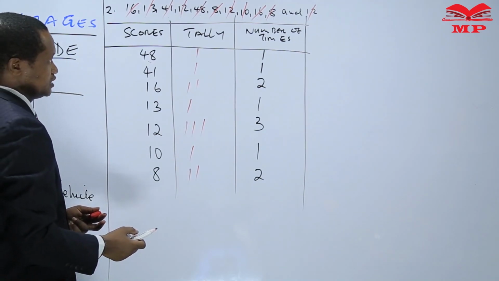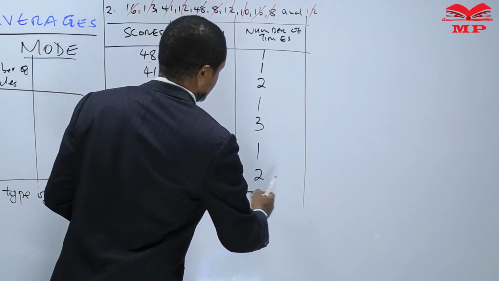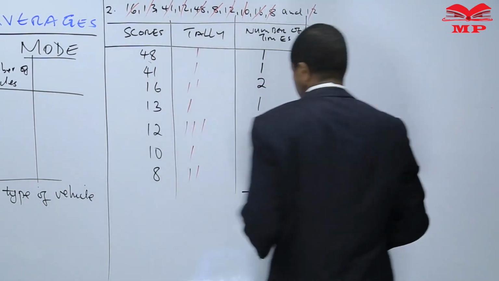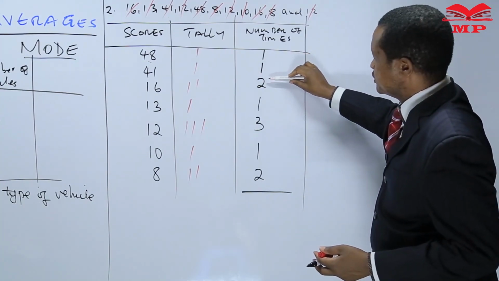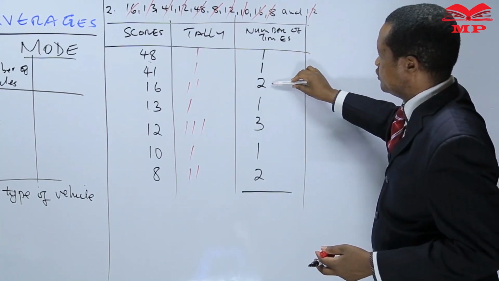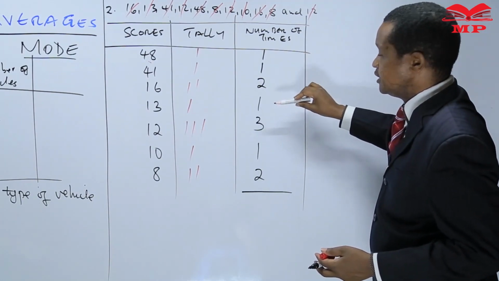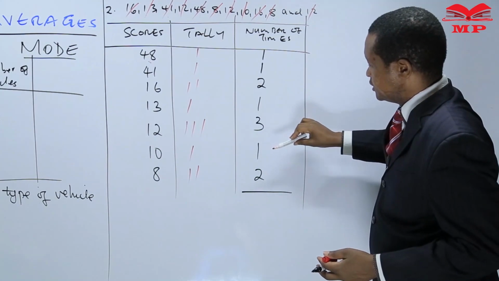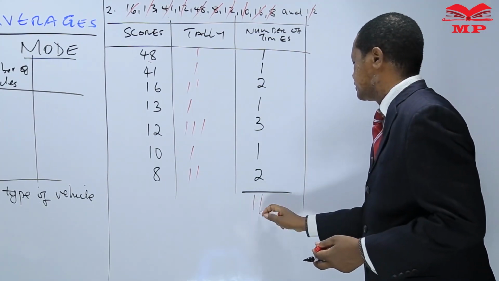And this should give us 11. Let us check. 1 plus 1, 2, 2 plus 2, 4, 4 plus 1, 5, 5 plus 3, 8, 8 plus 1, 9, 9 plus 2, 11.